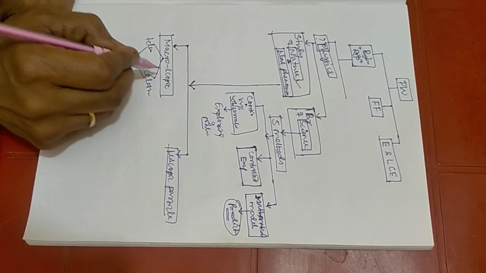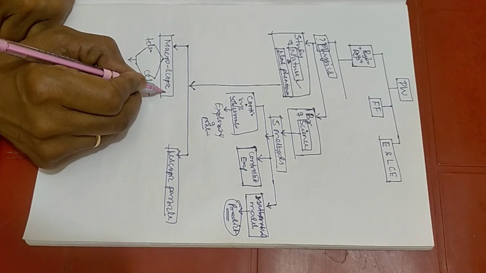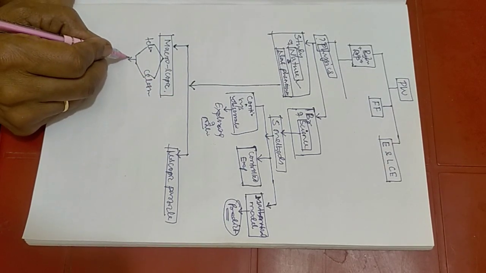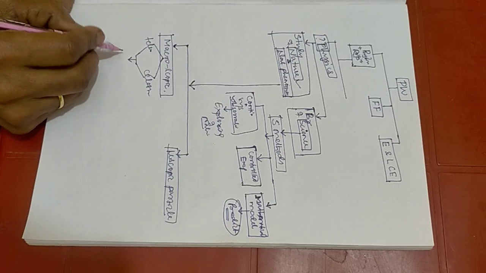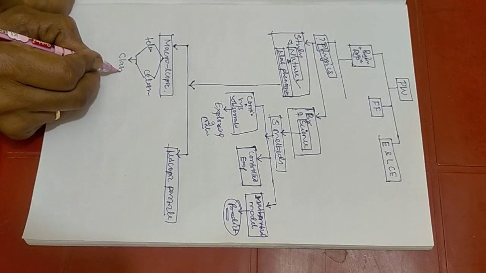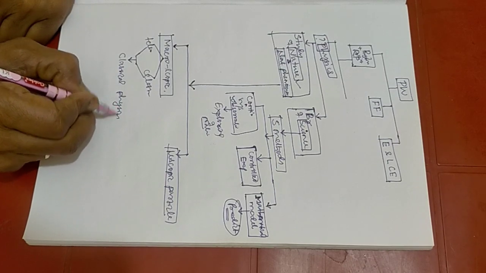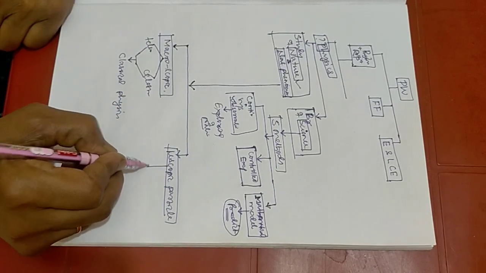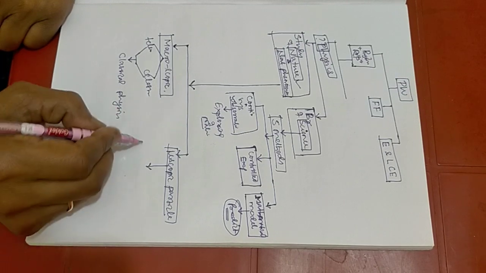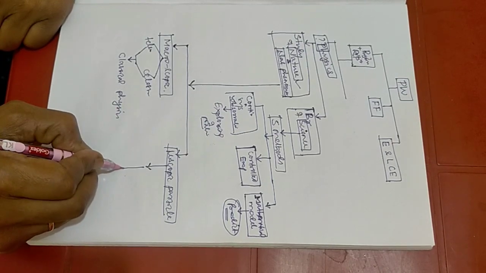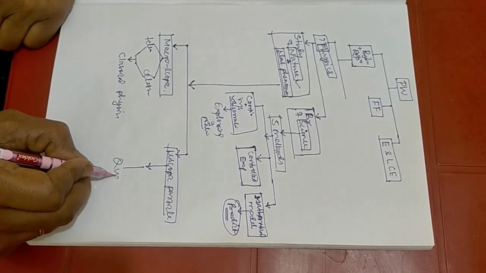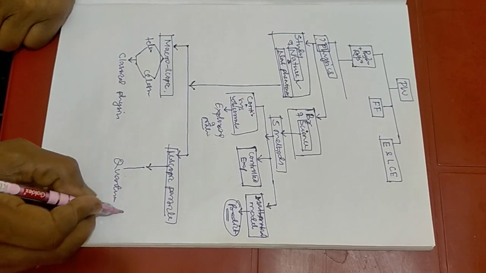The study of these macroscopic objects we categorize as classical physics, whereas the study of microscopic particles will be studied under quantum physics.